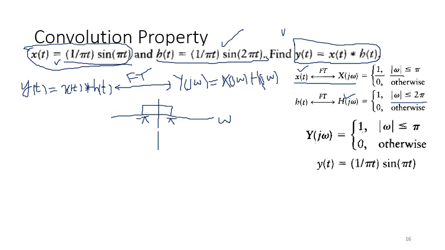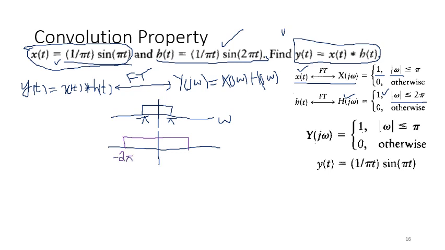Similarly, the response signal is 1 for absolute omega less than or equal to 2 pi, so it runs from minus 2 pi to 2 pi.